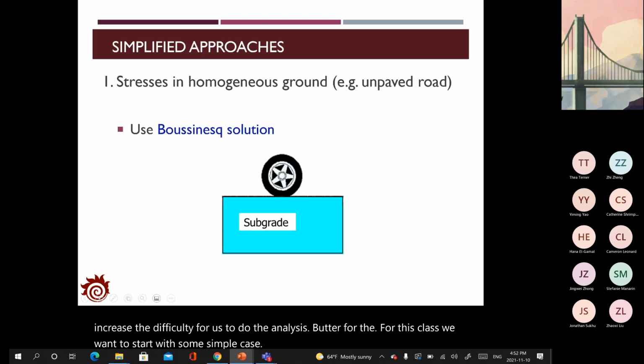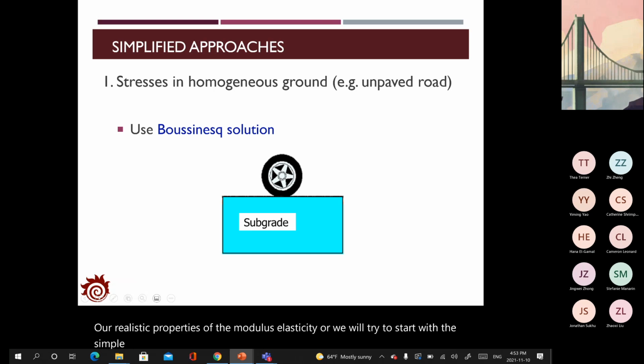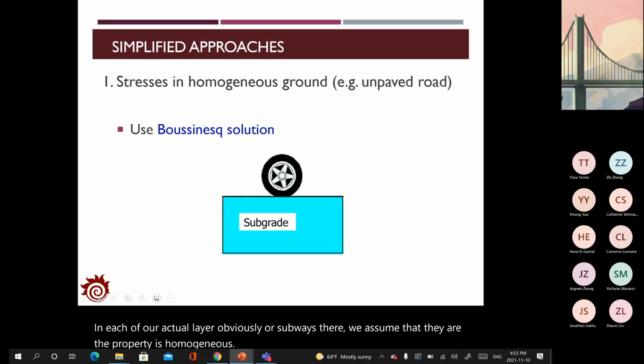Instead of assuming realistic properties of the modulus elasticity, we will start with a simple case by discretizing the pavement structure into different layers. And in each asphalt layer, base layer or subbase layer, we assume that the property is homogeneous. And this can help us to simplify the analysis a lot.